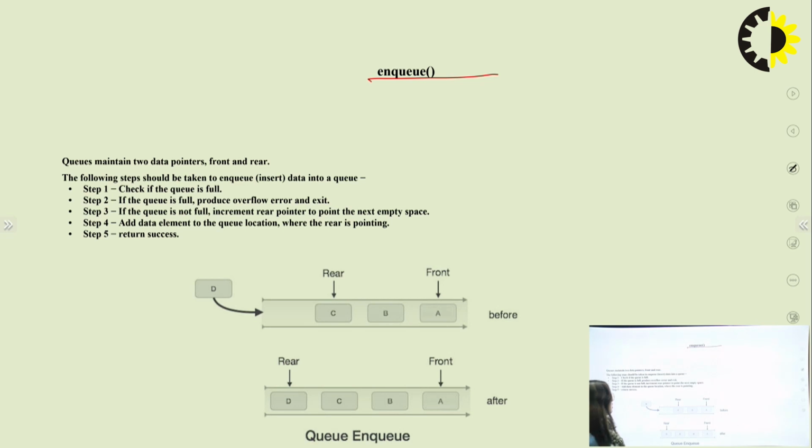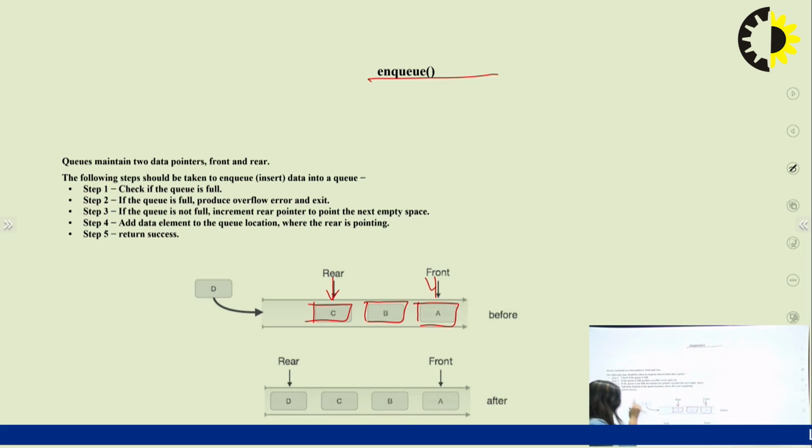According to this queue, the first element is A, the second element is B, and the third element is C. This is your front part, and the last element of the queue is called the rear part. Now you want to insert another element, D, by NQ operation.